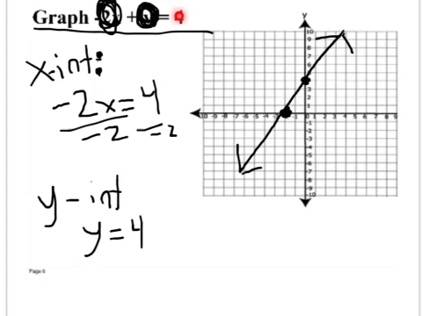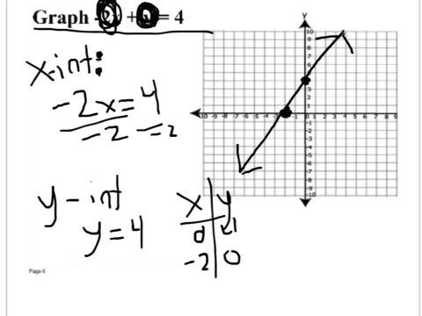Now, if this is confusing you, you could do a table with x and y. Pick a couple points. I'm going to pick 0, and I'm going to pick negative 2. If I plug 0 in for x, I get 4 for y, right? If I put negative 2 in for x, that would be negative 2 times negative 2, which is 4.